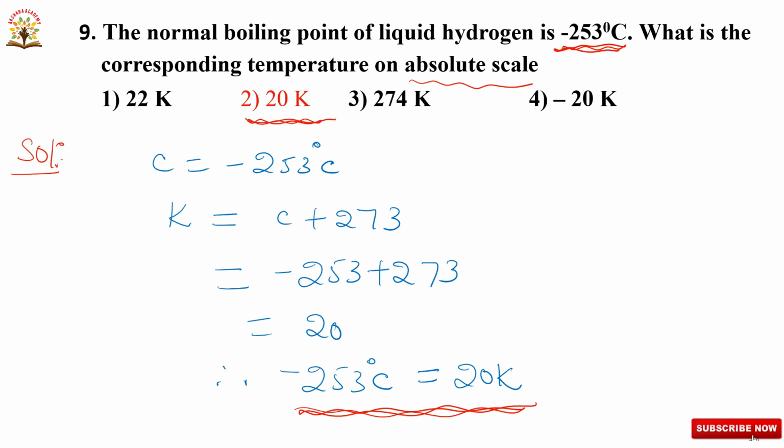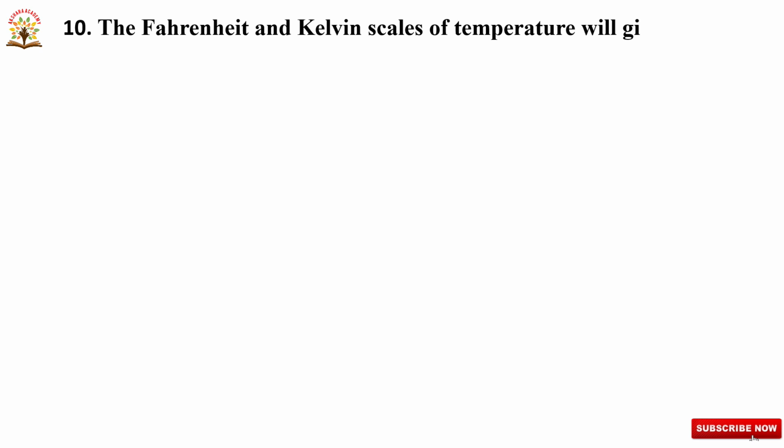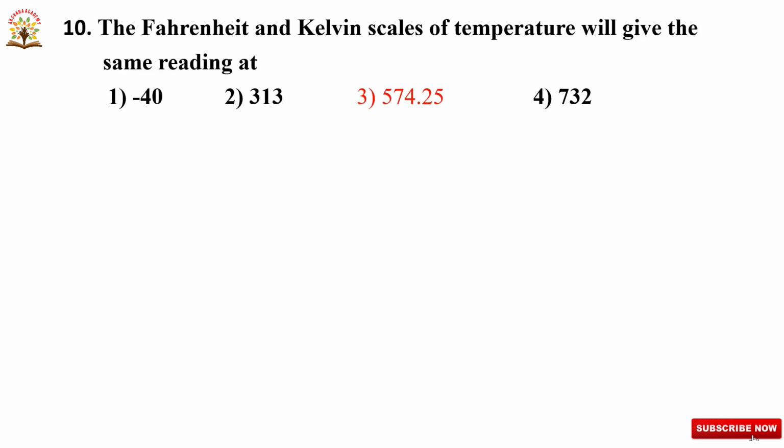Okay. Next, let us go to the next question. The Fahrenheit and Kelvin scales of temperature will give the same reading at. Here they are asking what is the same reading of both Fahrenheit and Kelvin scales of temperature. Now let us go to the solution.